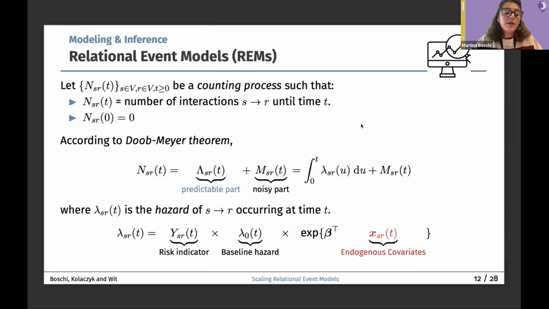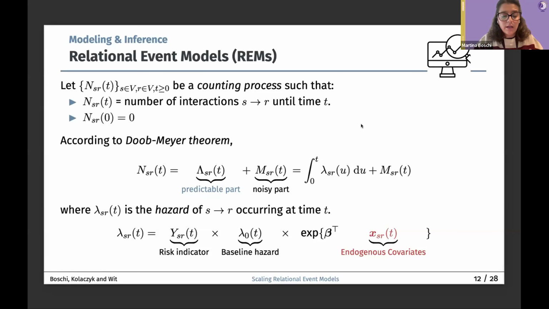The idea is that we have a set of dyads that can interact, and for each couple of actors, we count how many interactions did occur until a certain time. We are interested in modeling the intensity of this process that is predictable, and we can say something about the instantaneous rate of occurrence of this dyad interacting at time t.